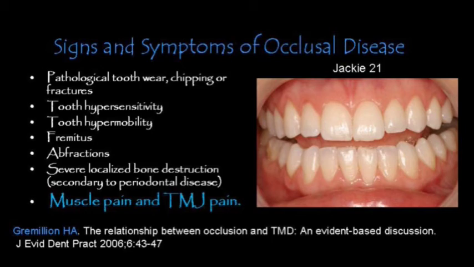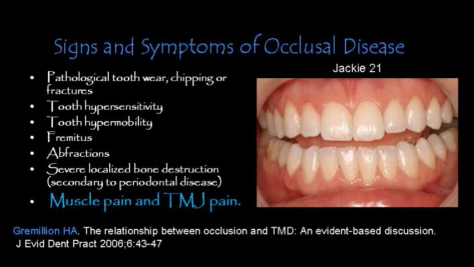They're very, very destructive. They're very traumatic for our patients in addition to pain. But traditionally, pain has been the main sign that everybody thinks about when we think about occlusal problems, occlusal dysfunction. But certainly occlusal disease will cause pain.